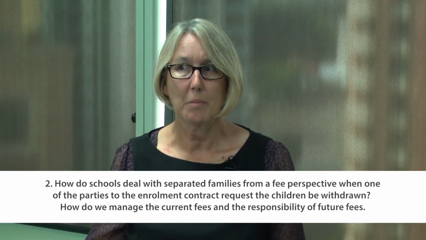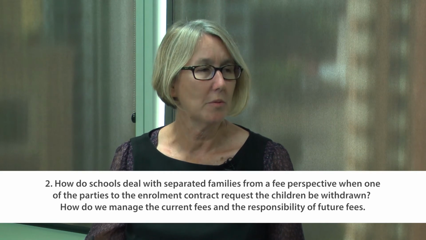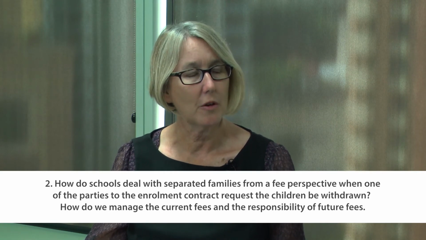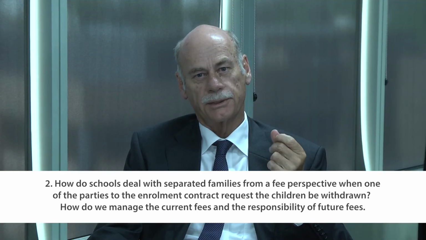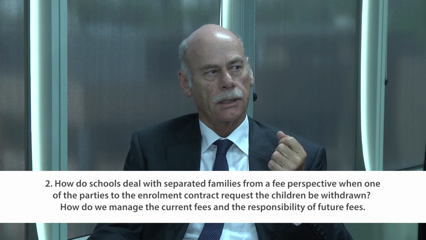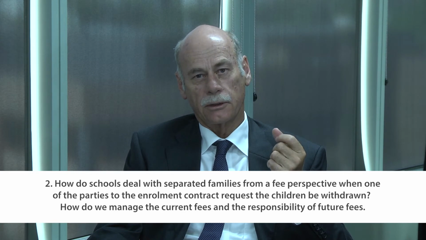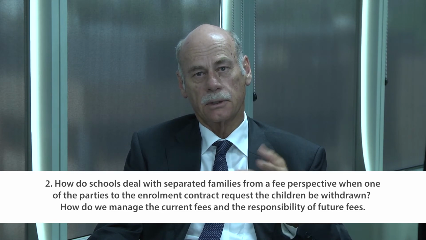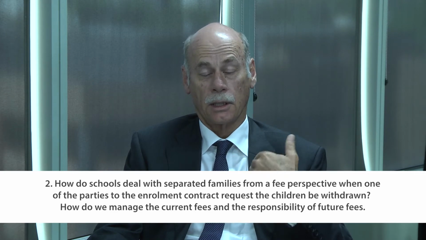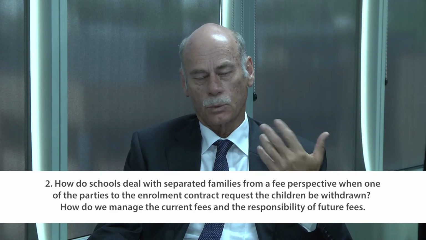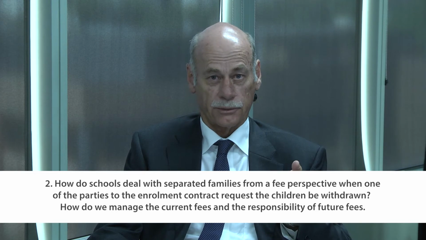And the question around managing the current fees and the responsibility for future fees, how does that sit with that contract then? Well, both of them are liable for the current fees to the full amount, and the responsibility for the future fees will be a matter of negotiation over the new enrolment contract as to whether one of them or both of them are going to be liable for the fees in the future.